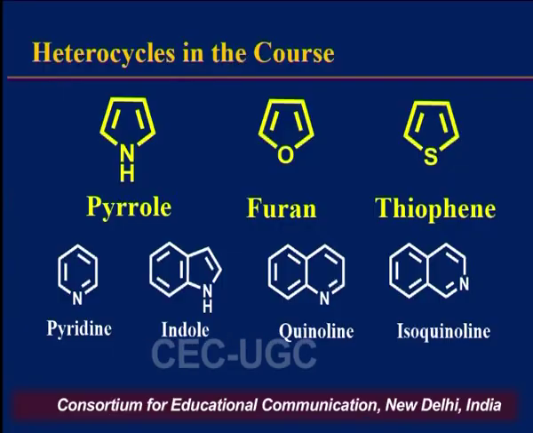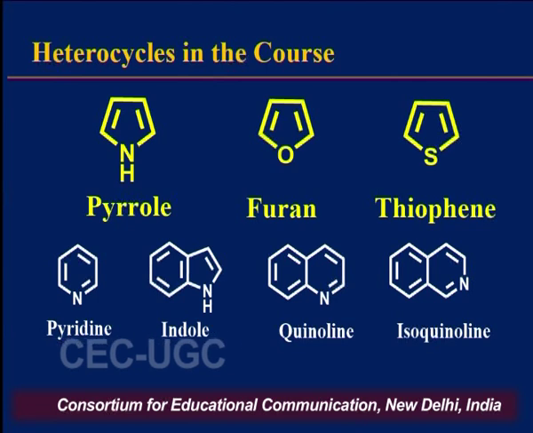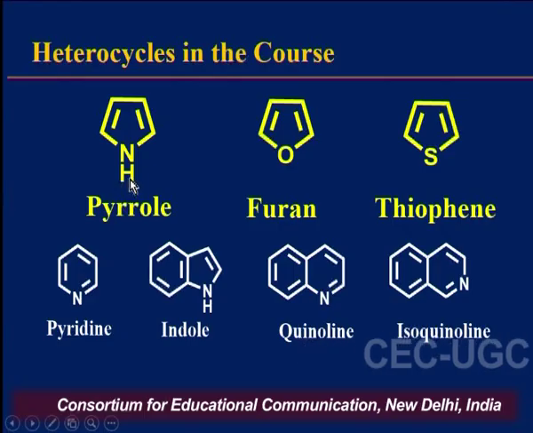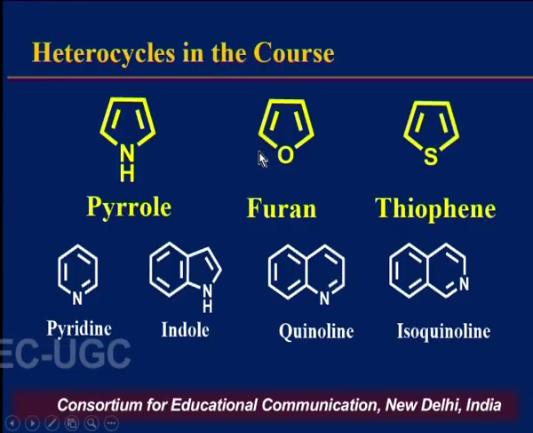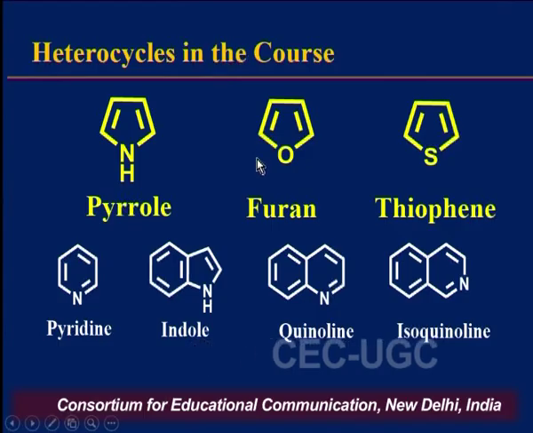In this course, we will discuss these 7 heterocyclic compounds, like pyrrole. Pyrrole is a 5-member heterocyclic compound with nitrogen as the heteroatom. Next, we will discuss furan. Furan is again a 5-member heterocyclic compound, but in this compound the heteroatom is oxygen.